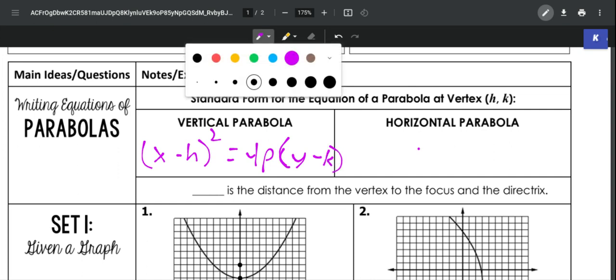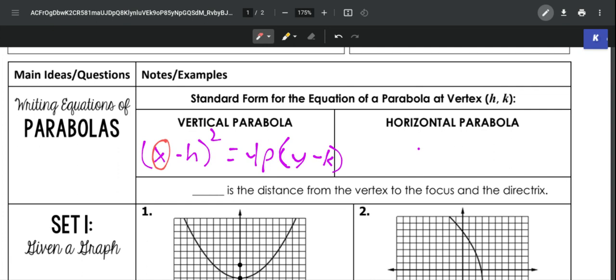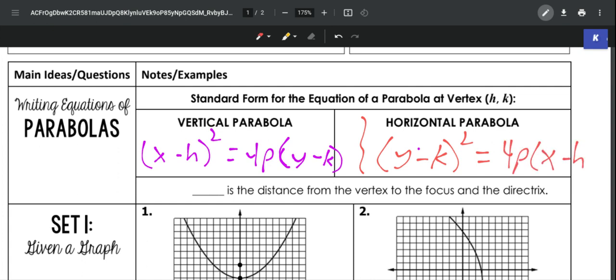And just remember that with a vertical parabola, x is going to lead. And then a horizontal one, we just take y minus k and x minus h, and flip them. So now we'll have y first squared, y minus k squared, equal to 4p times x minus h.